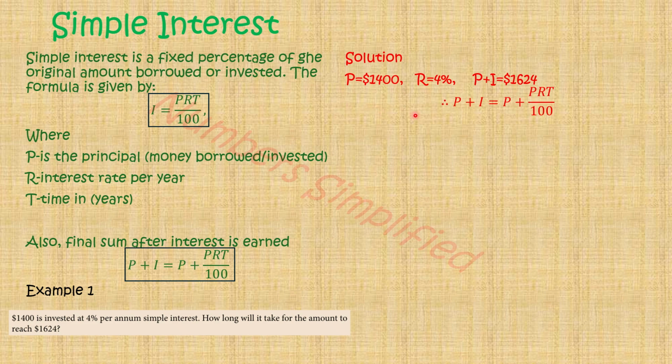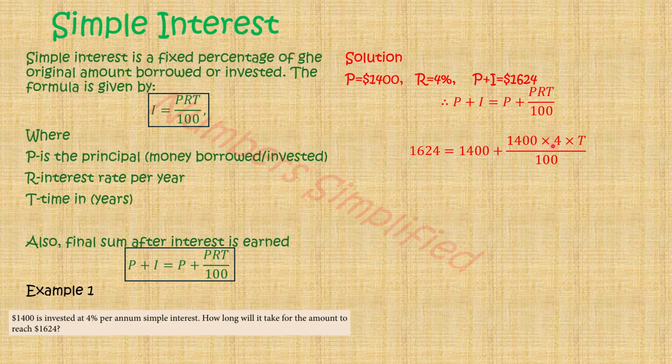Now what we are going to make use of is the final sum formula. Now with that, we have it as given there. Then we substitute for the principal plus the interest, which is $1,624. Then for the principal, we know that was $1,400. The P is 1,400.